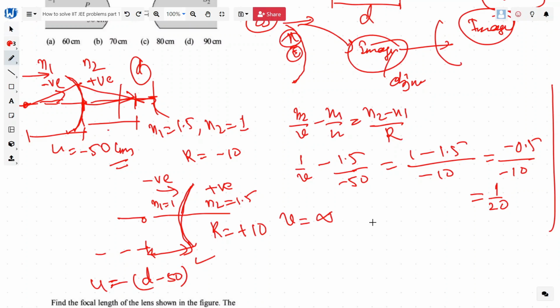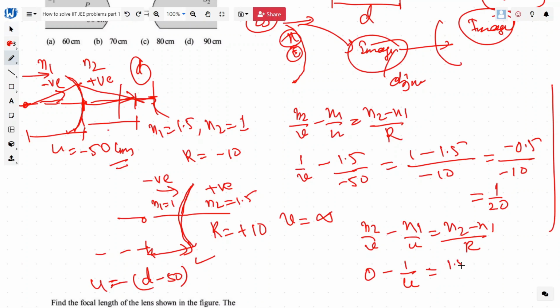Yeah, so now with that, let's write down our equation. n2 by v minus n1 by u is equal to (n2 minus n1) by R. n2 by v is infinity, so this is going to be 0 simply, minus n1, which is 1, by u. So let's find the u first. Once we find that u, we can simply plug that in.